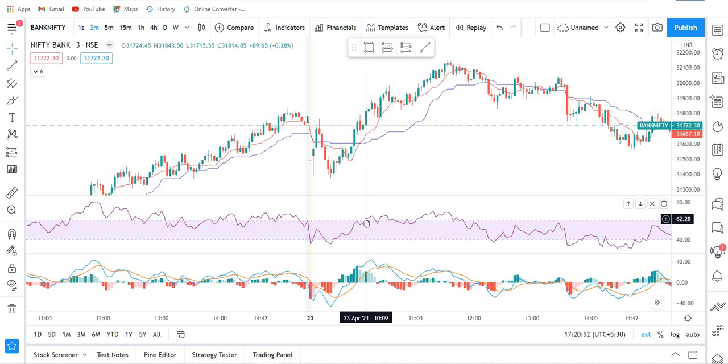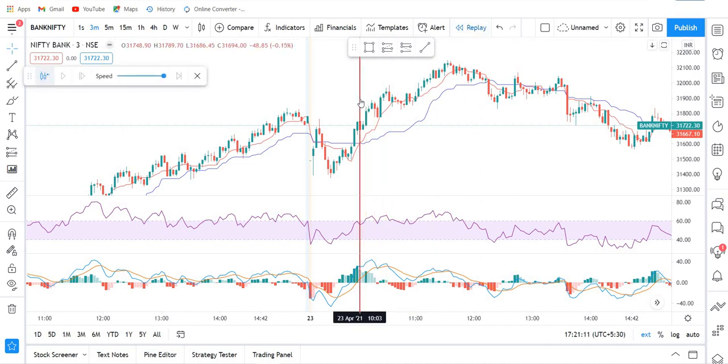So two things are confirmed. And third, you can see MACD is also above the zero line. So all three conditions are satisfied. We are entering the trade here, at this level.